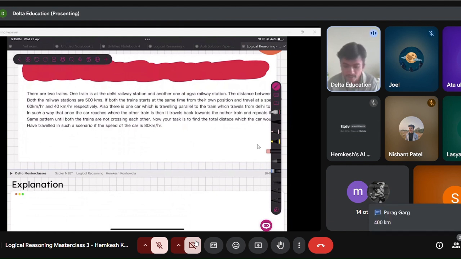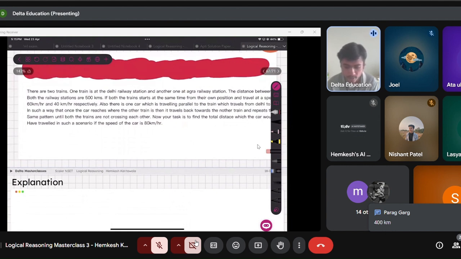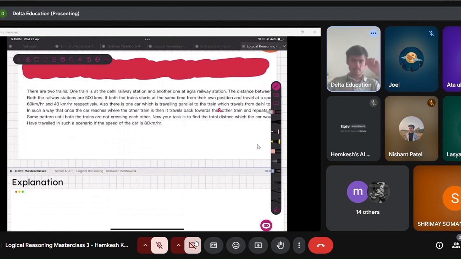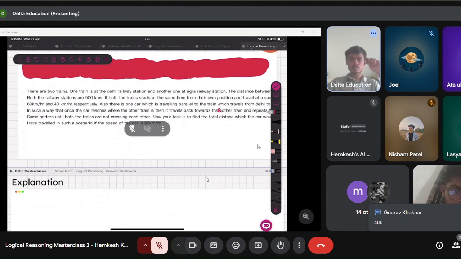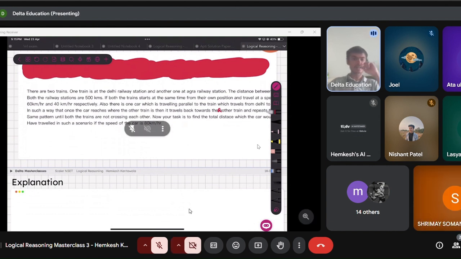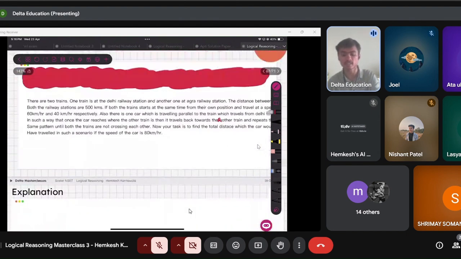If the train starts at the same time and travels at a speed towards the another train. So yes, this is another. 400. Yeah, let me see the correct answer. So yeah, 400 is the correct answer.